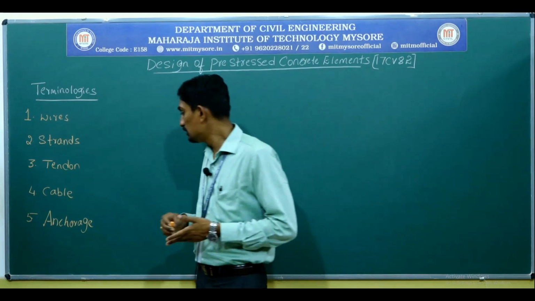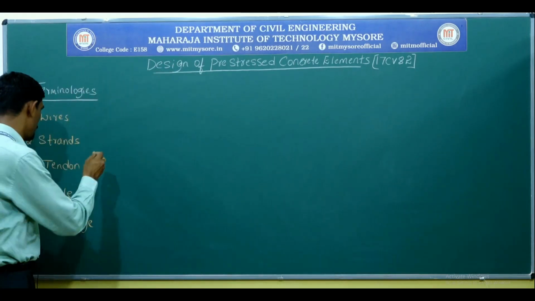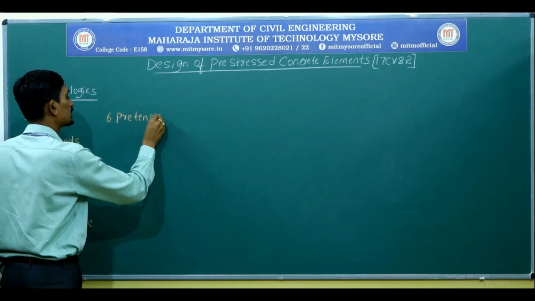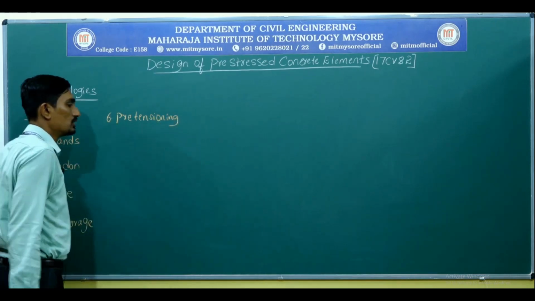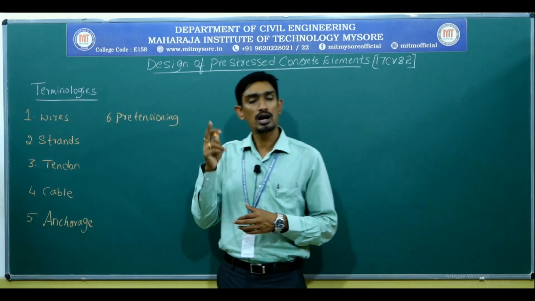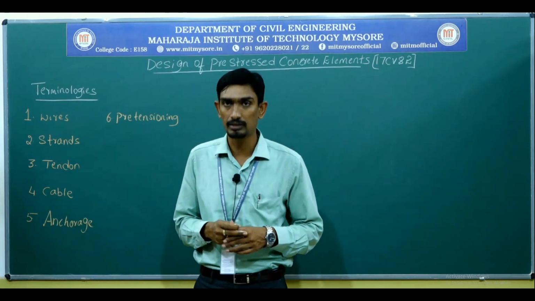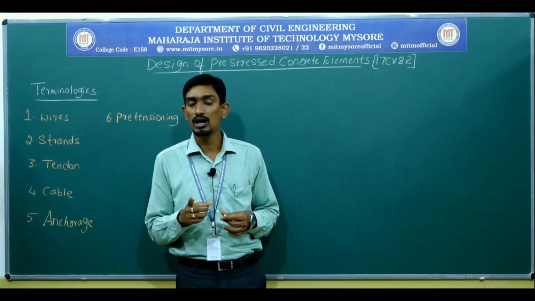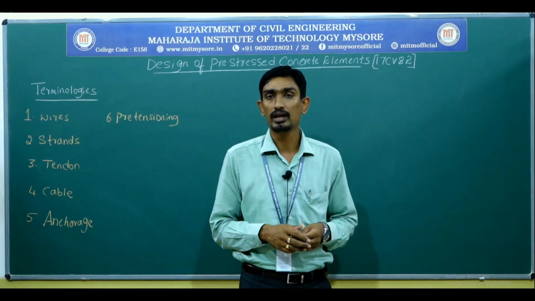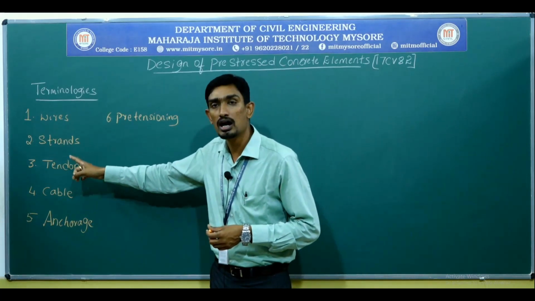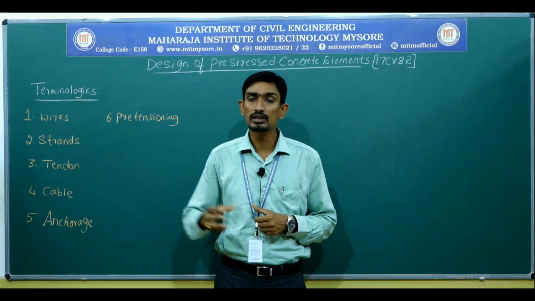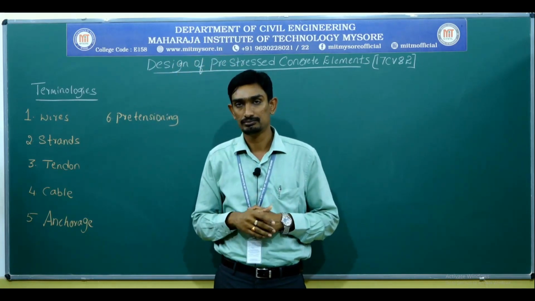Next, we will move on to the next terminology, that is pretensioning. This has already been explained with a diagram, so once again I will repeat. Pretensioning is one type of prestressing system, so please note this point. It is the method or type of prestressing system in which the tendon or cable is first stressed and later on the concrete is poured.